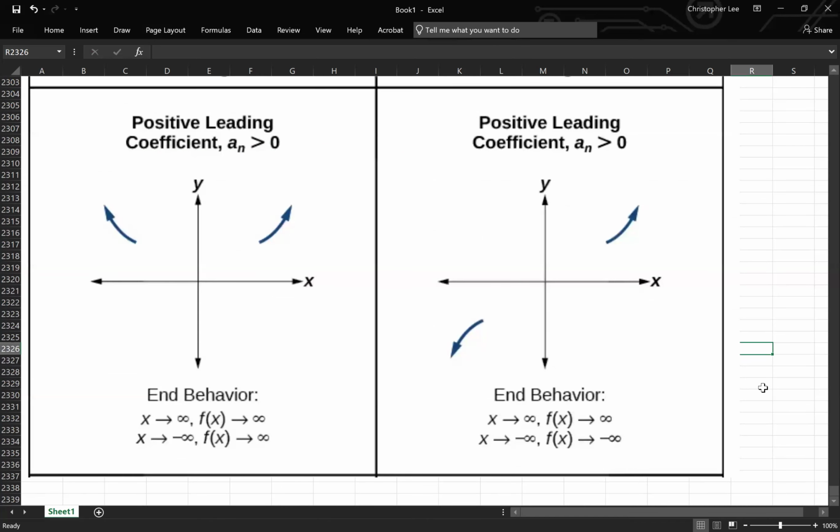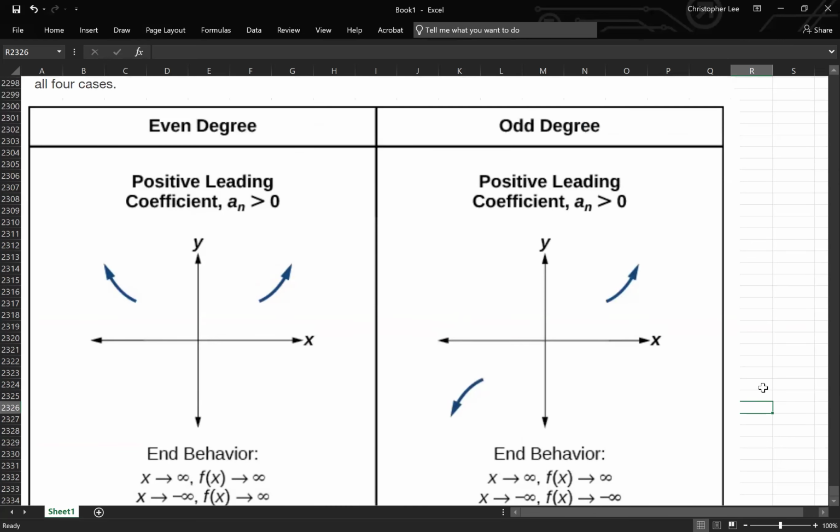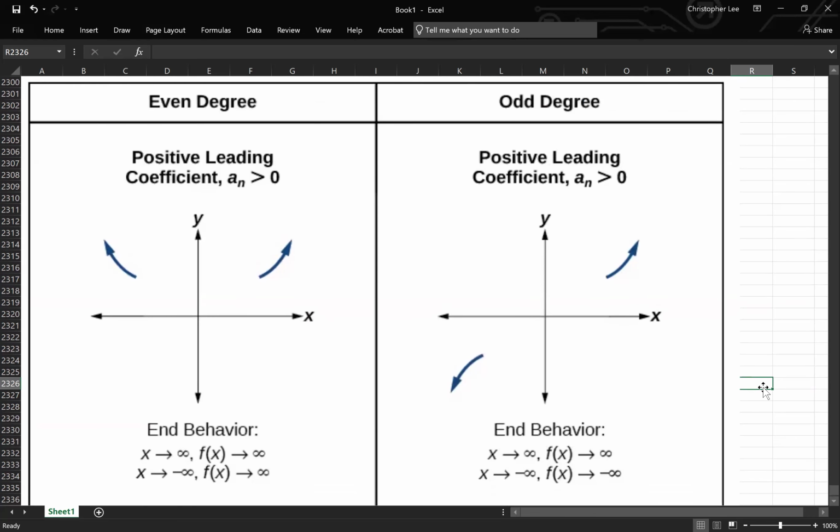But for an odd degree with a positive leading coefficient, as x is going to negative infinity, we're going down, and as x is going to positive infinity, we're going up, right?